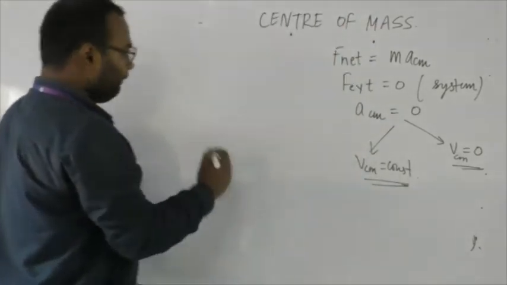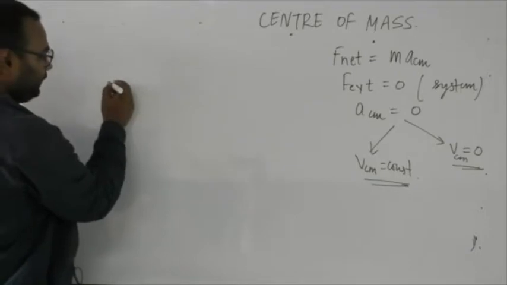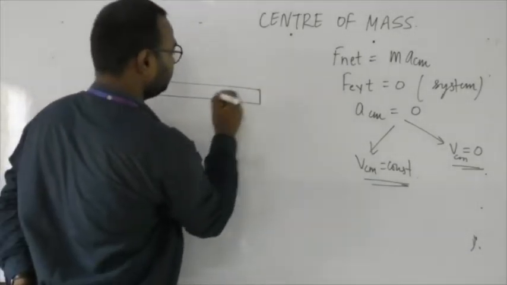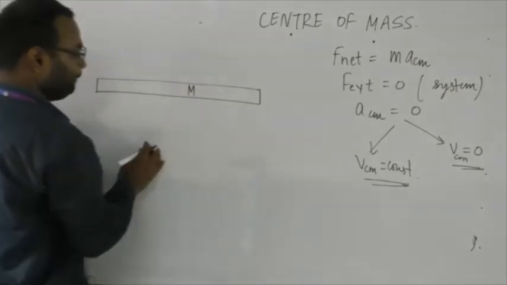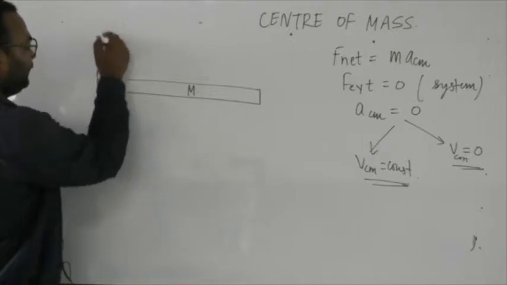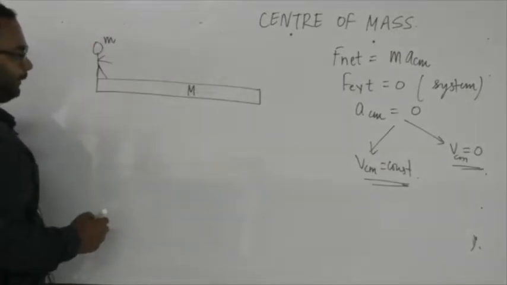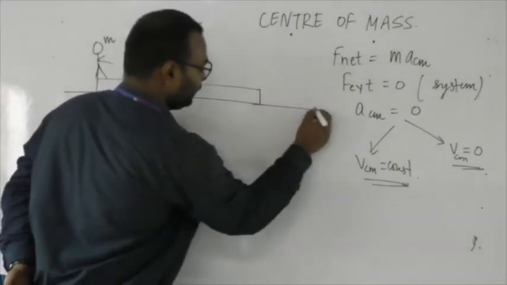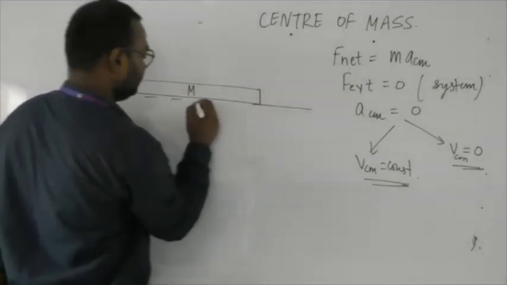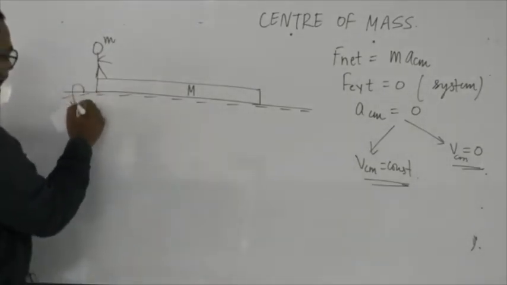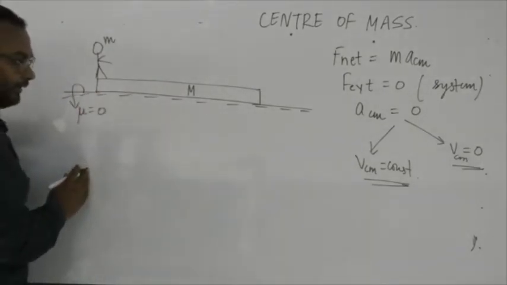One problem is, suppose a plank is there of mass m. A man of mass m is standing on the plank. Now that plank is kept on a frictionless surface, so mu is 0.